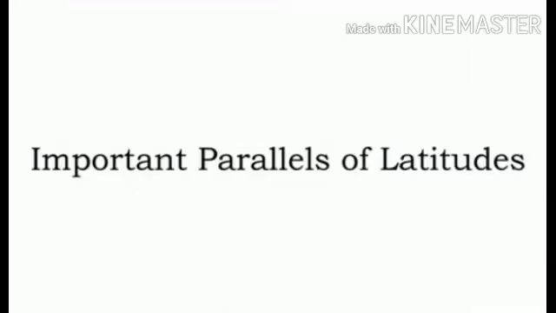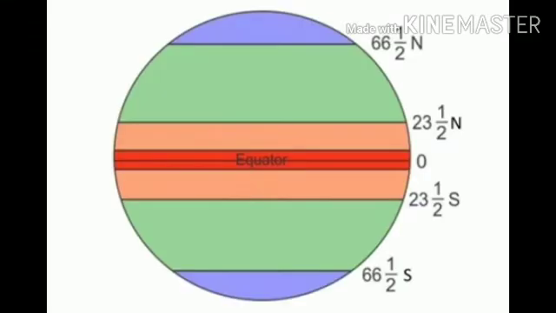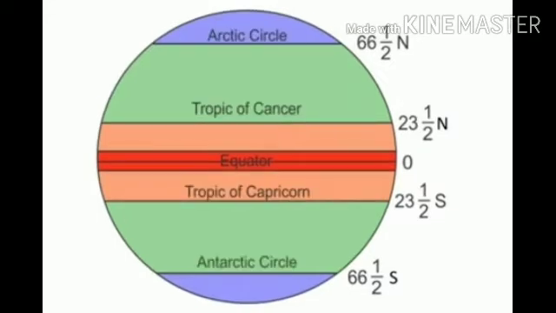Now we are going to see the important parallels of latitudes. Besides the equator, that is 0 degree, the north pole 90 degrees N and the south pole 90 degrees S, there are 4 important parallels of latitudes. Let us see that. First one is the Tropic of Cancer.